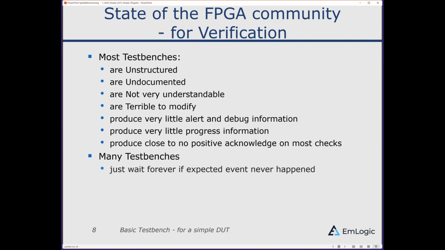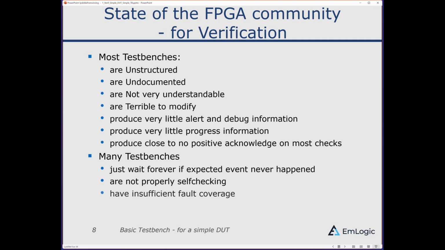Let's look at the state of the FPGA community for verification. In my opinion, and from what I have seen, most test benches are still unstructured, very often undocumented, not very understandable, terrible to modify, and very risky to modify as well. They produce very little alert and debug information, which is important with respect to debugging.